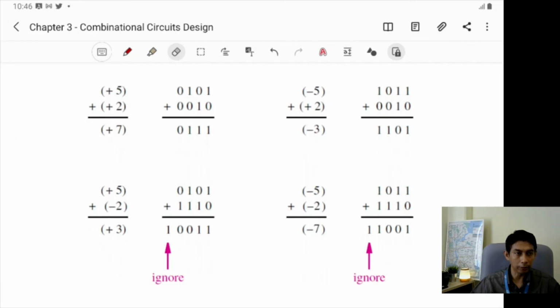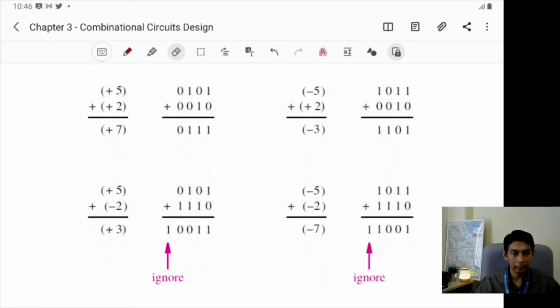So this is positive 5, this is positive 2. You add, you get positive 7. Should be no problem. And this is minus 5, and this is minus 5 representation in two's complement. And you add 2, and you get this minus 3, and this is minus 3 in two's complement representation. All right, minus 3.